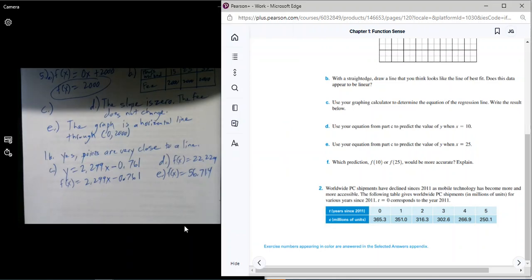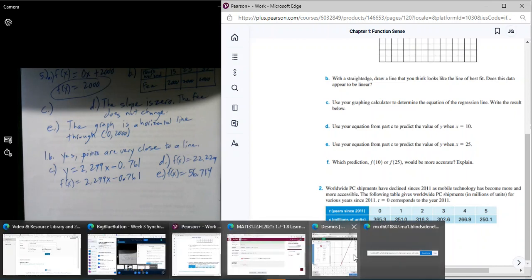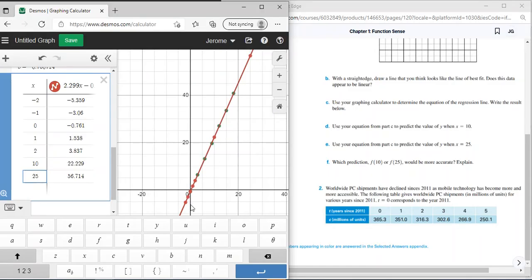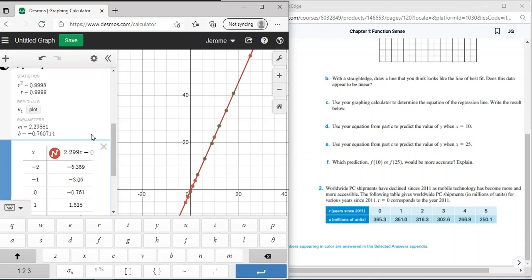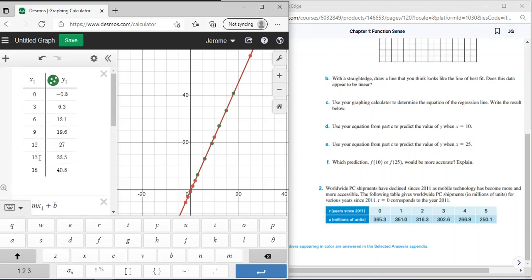All right, now it says, which prediction, f of 10 or f of 25, would be more accurate? Explain. Okay, let me show you this here. Let's look at the original points. When we go up here to the original points, we stop here at 18, right? Okay, so basically f of 10 would fall in between these points here.